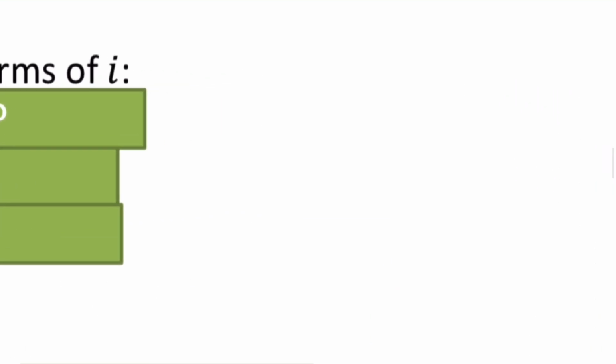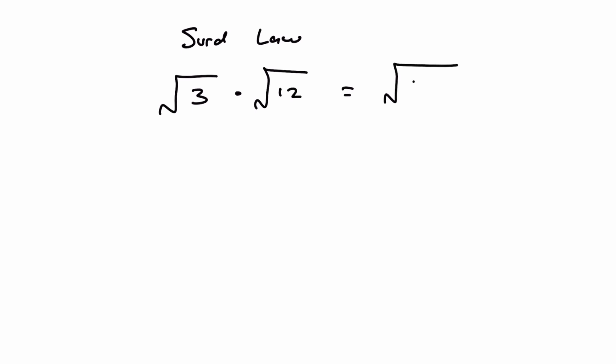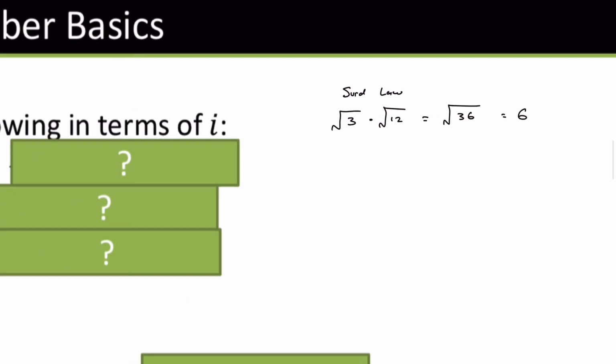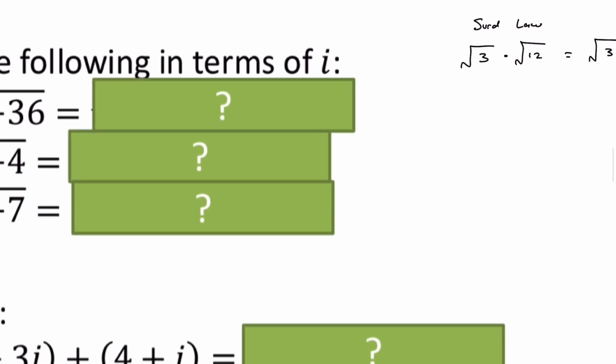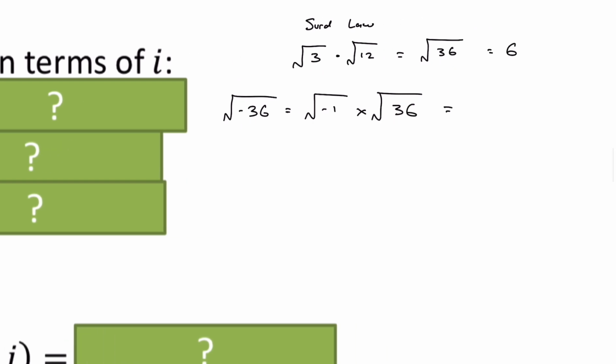So remember the surd law, all the way back at GCSE, which states the square root of a number. So root 3 times root 12 equals root 36, 3 times 12. That gets us 6, or we could say plus or minus. Now, in terms of negative roots, if we had the square root of -36, that would equal root -1 multiplied by root 36, and we can have that as 6i for this example.